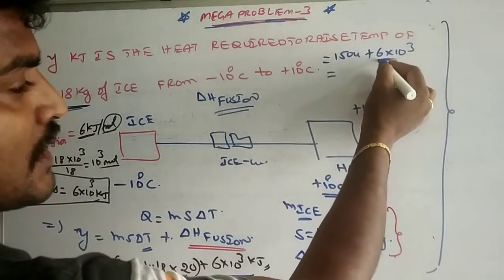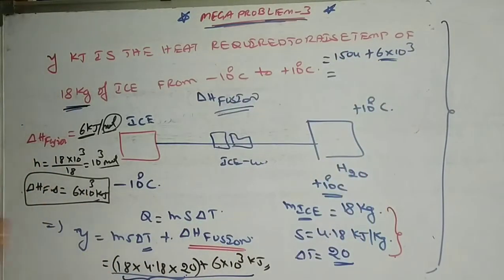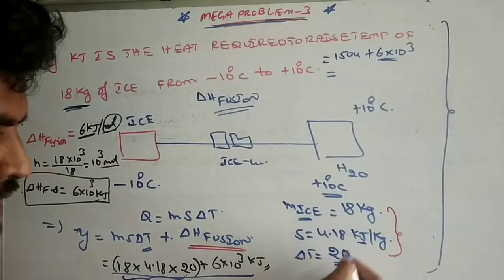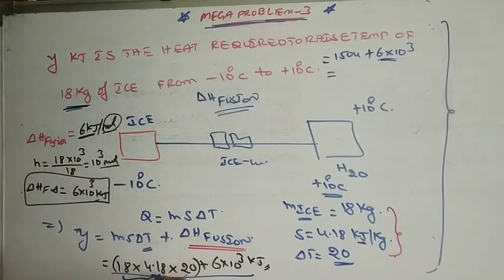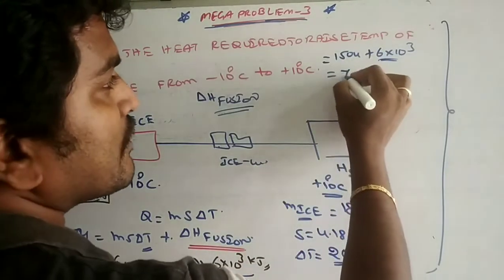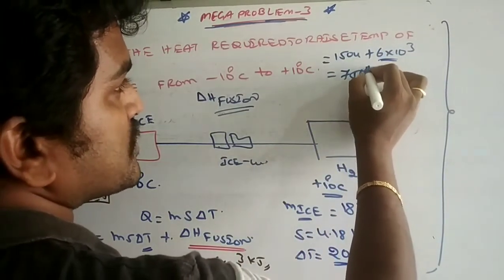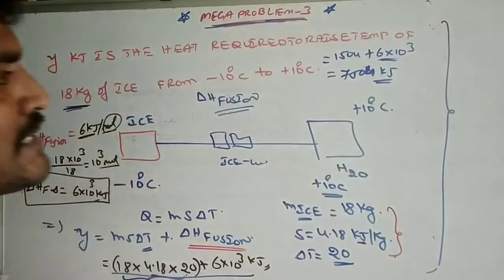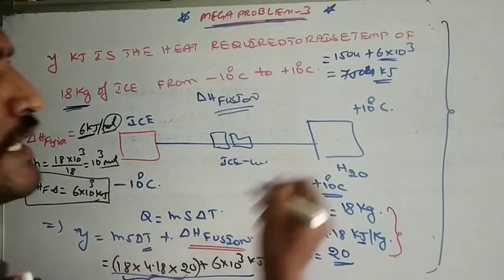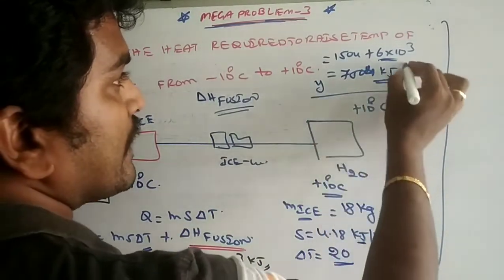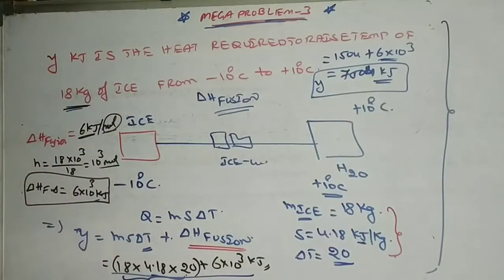So 6000 kilojoules plus 1504 kilojoules. Here 4.18 is in kilojoules, so it will also be in kilojoules. Totally it will be 7504 kilojoules, the heat supplied to the system. That is nothing but Y. So Y equals 7504 kilojoules.